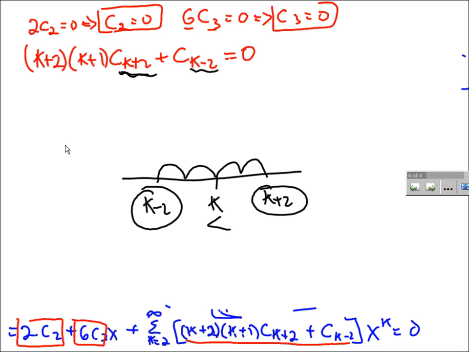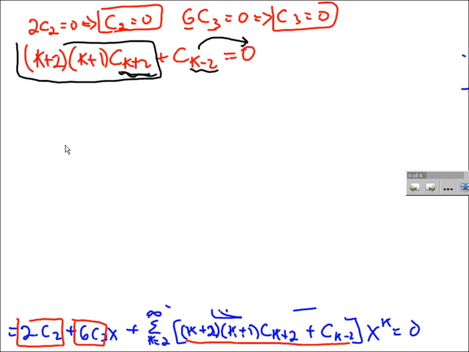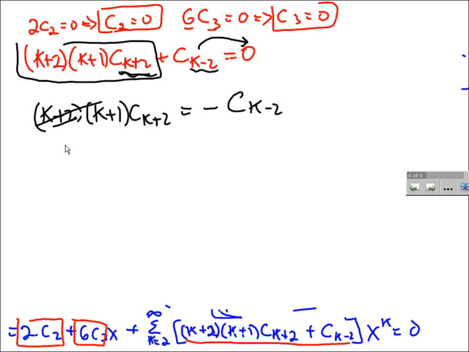So I want to solve for this. First, I want to solve for that term. That means I bring that over to the other side. That's just what it means. K plus 2 times k plus 1 times c sub k plus 2 is equal to negative c sub k minus 2. Then I divide by what I don't want.